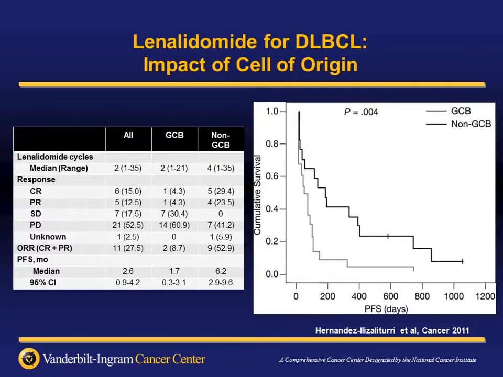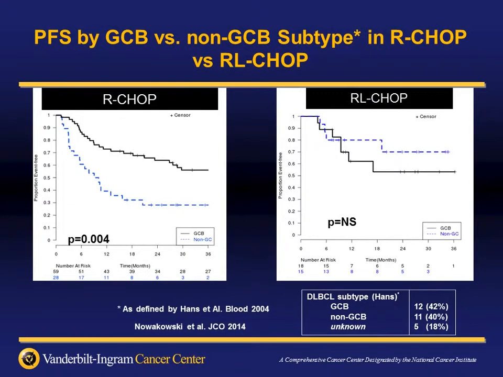And this was statistically significant in progression-free survival of 6.2 months versus 1.7 months. And if you start to add lenalidomide to rituximab CHOP on the right, then the differences between germinal center and activated B-cell lymphoma start to disappear.